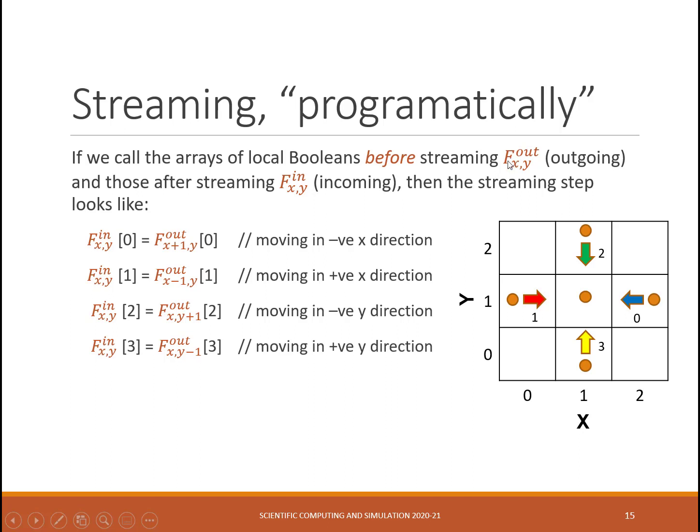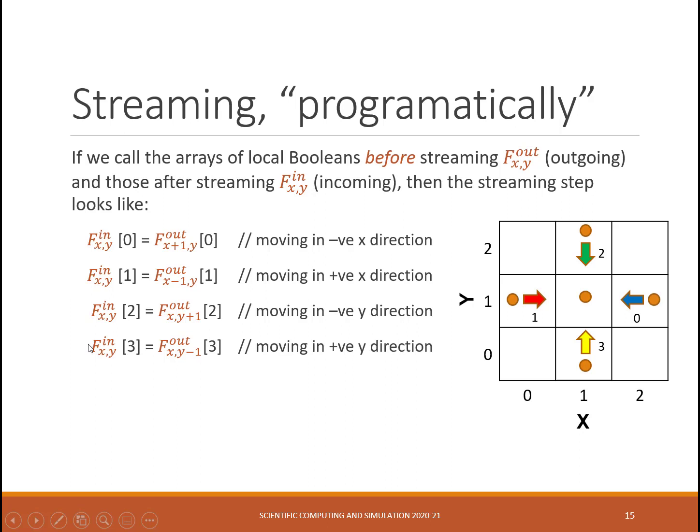Let f(x, y) out determine the local state of a cell located in position x and y before streaming. And f(x, y) in represents the final cell states after streaming. Based on this definition, the streaming step updates the cells as shown here.